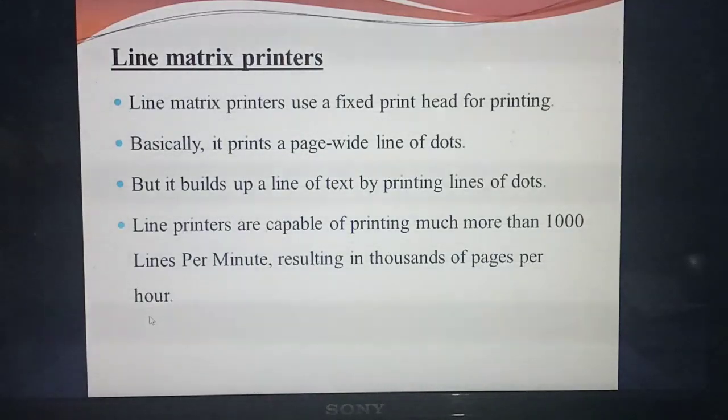So the line matrix printer contains a fixed number of print heads, and using those fixed heads only you can print. It prints a wide number of dots. The printing speed is 1000 lines per minute, or thousands of pages per hour. Understood?